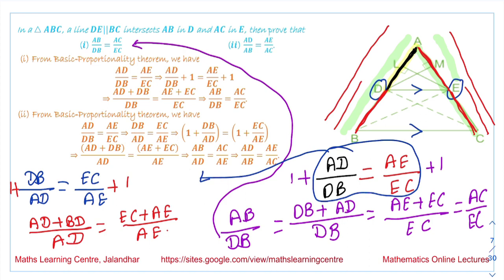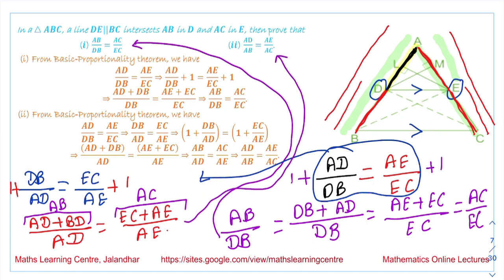Now AD plus BD is AB, and EC plus AE is equal to AC. So we get AB over AD is equal to AC over AE. We will get the similar answer.